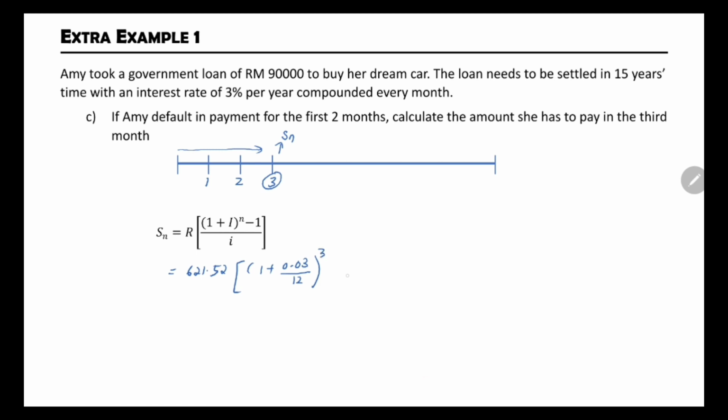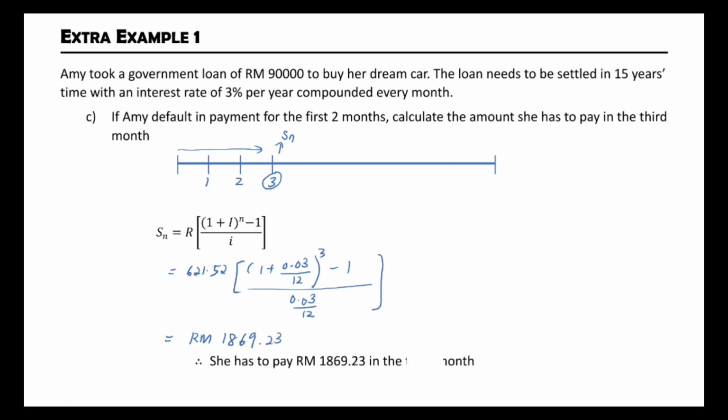Third month, so N equal to 3, minus 1 over 0.03 divided by 12, equal to RM 1,869.23. She has to pay RM 1,869.23 in the third month.